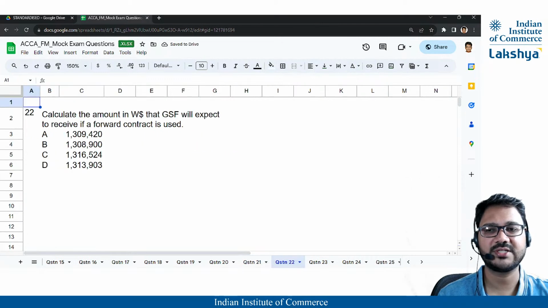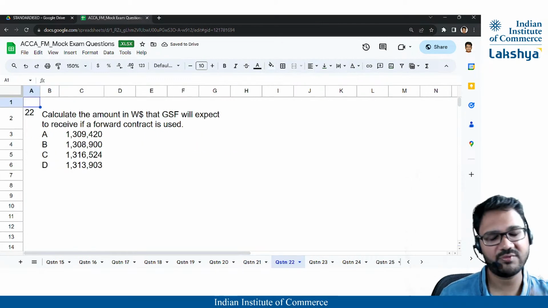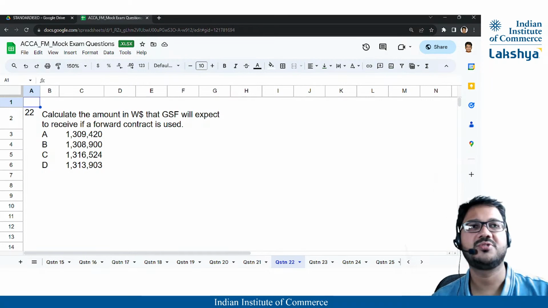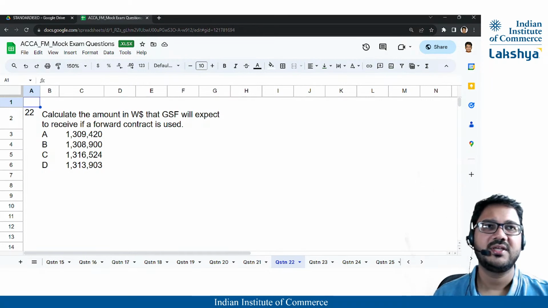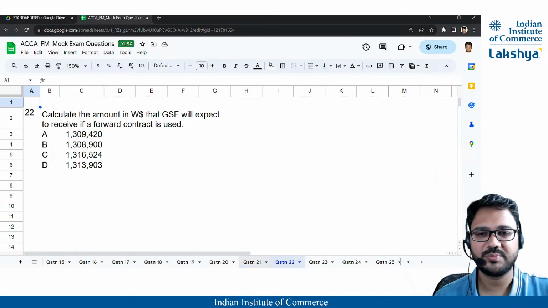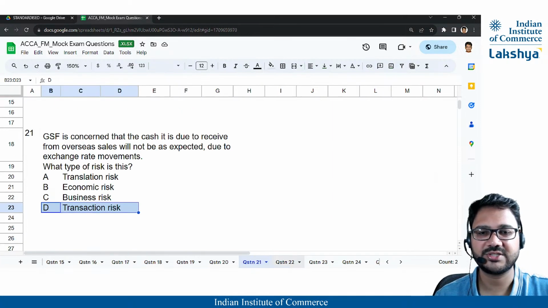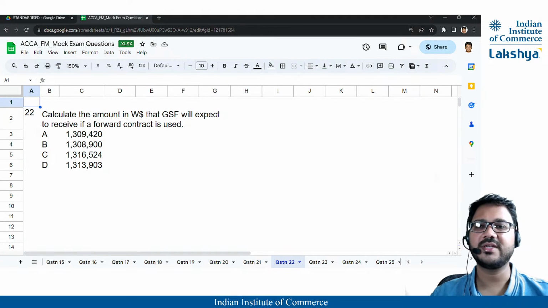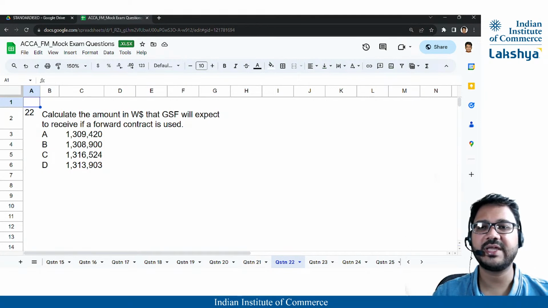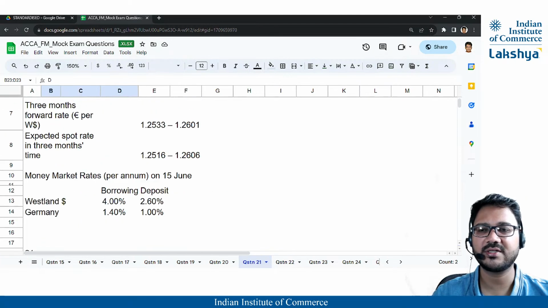It's based on the transaction because the date of invoicing and the date of payment are two different dates. Now, question 22. The previous question's answer was D, transaction risk. Question 22: calculate the amount in W dollars that GSF will expect to receive if a forward contract is used. So we are using a forward contract.